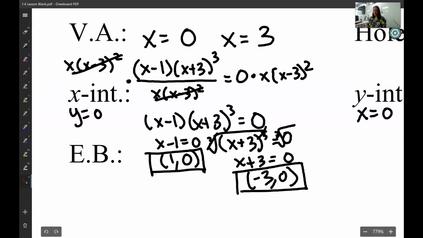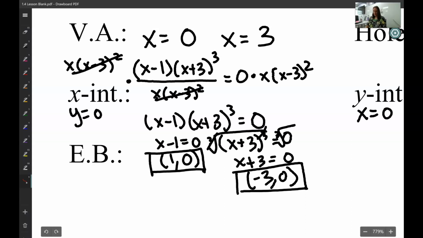Now notice, because I'm setting it equal to 0, because that's what I do for an x-intercept, your denominator will always just go away, because it's multiplying by 0. That's why we say we only set the numerator equal to 0, because the denominator, when I solve this, is going to be multiplied by 0, go away.